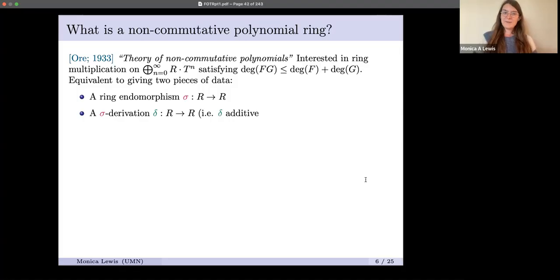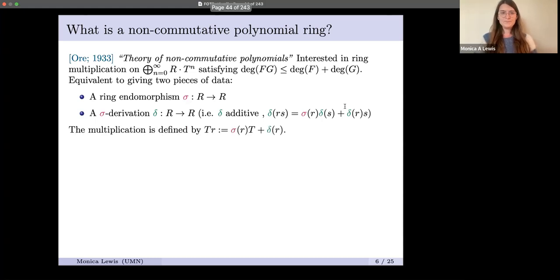This is an additive map from R to R that satisfies the following sort of product rule. If you want to apply the derivation onto a product rs, then you get something that decomposes like a Leibniz rule, except for the r that comes out on the left has to be twisted by your endomorphism.